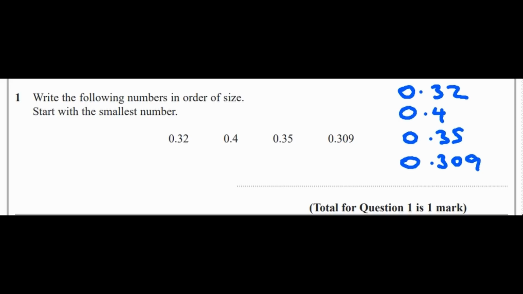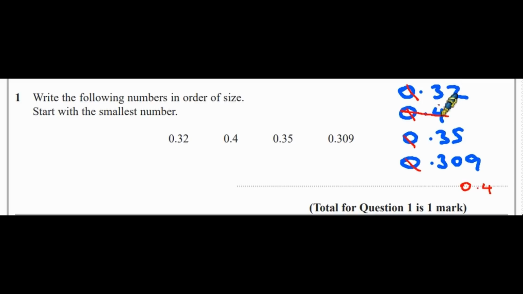If we look at the first column, they're all zeros, so we can't establish anything from there. The trick is to go to the next column. So we have a 3, a 4, a 3, a 3. Well, that actually gives us the biggest number because the 4 is bigger than the 3's. So that is actually going to be the last number in your answer, 0.4.